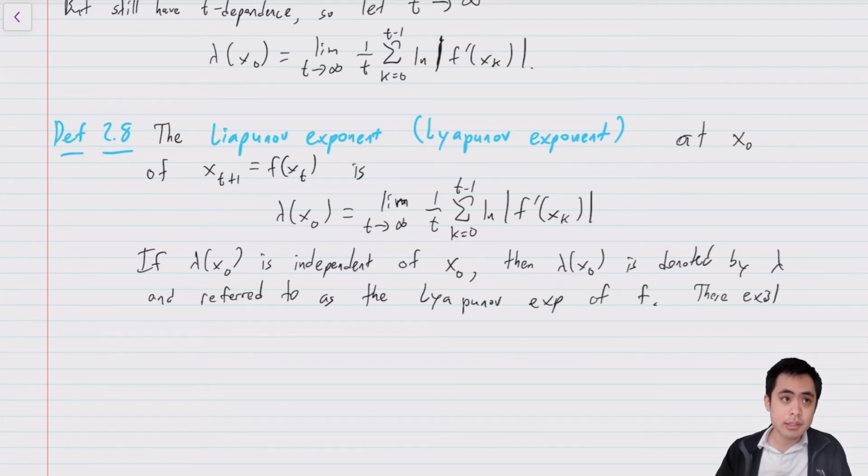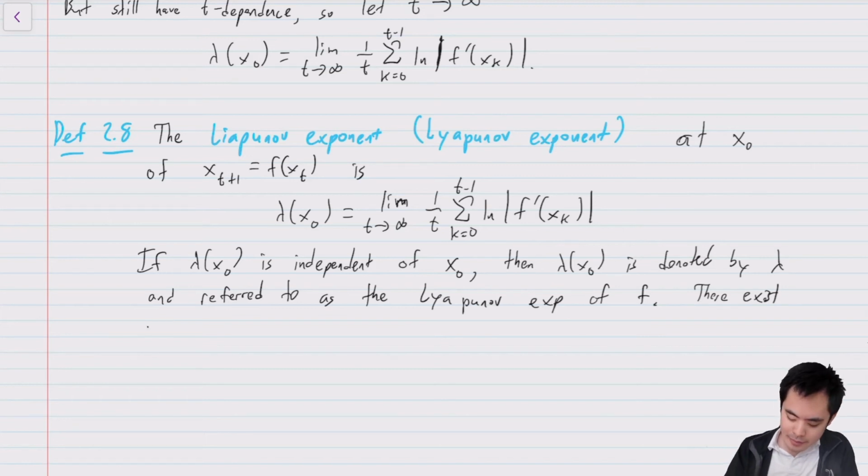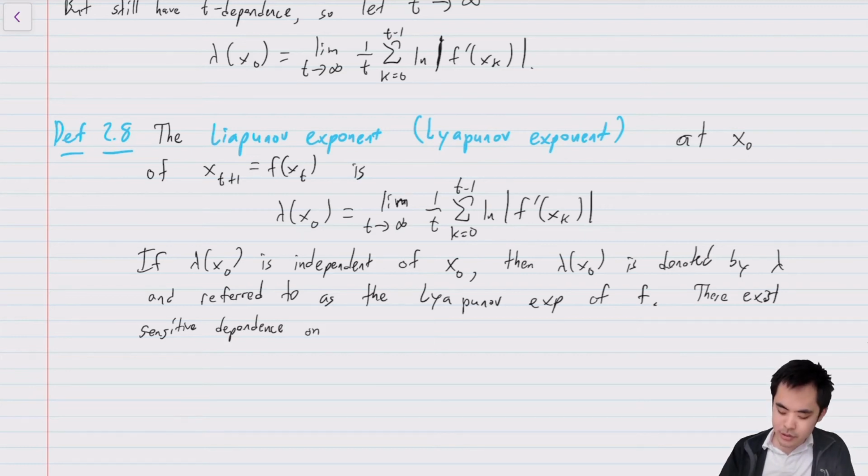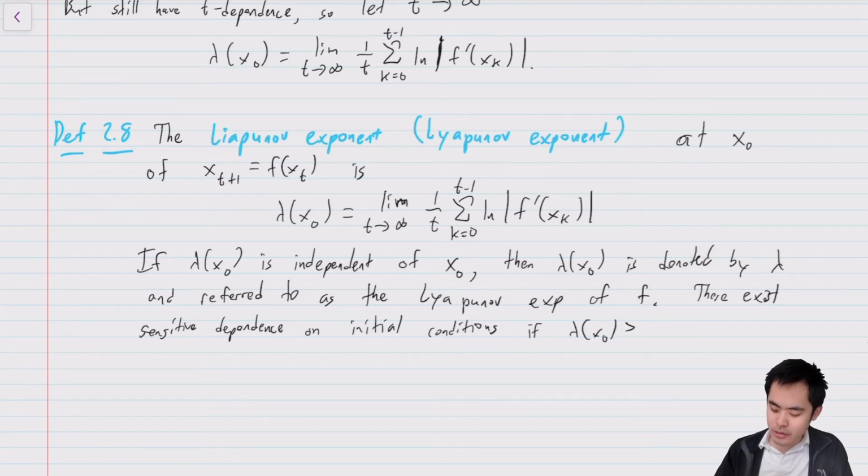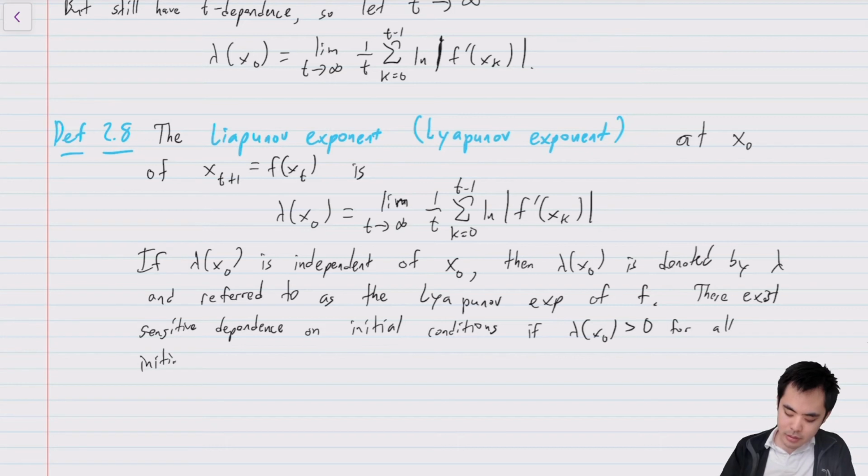And there exists sensitive dependence on initial conditions if lambda of x naught is greater than 0 for all initial conditions in the domain.